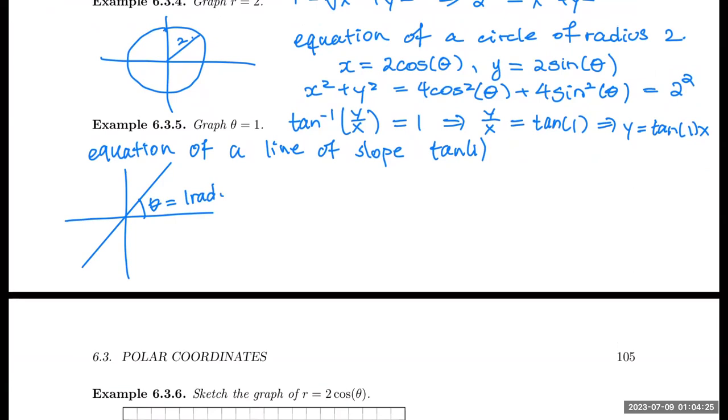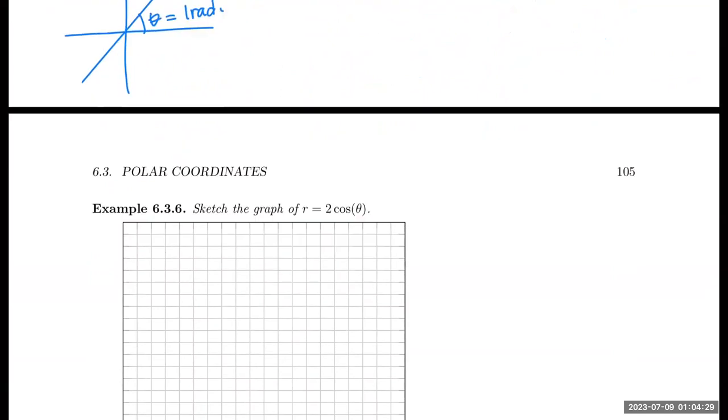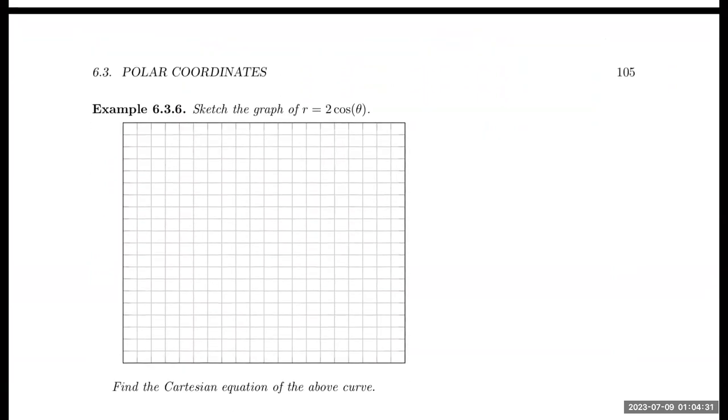Okay, so let's have a look at some sketching parts here. Say we want to graph the equation r is equal to 2 cos theta. Well, we're going to use a table of values. In the previous lesson, we graphed parametric equations using 3 values: the t, the x, and the y.